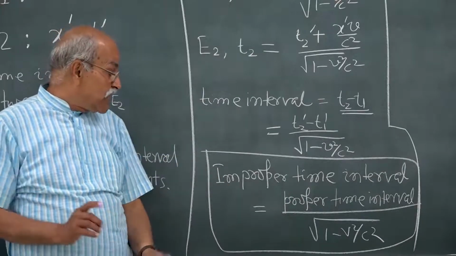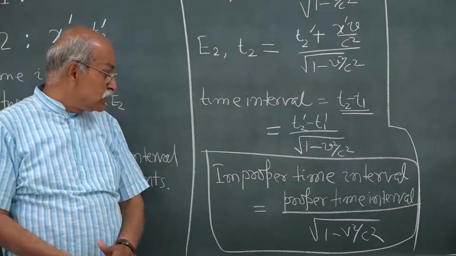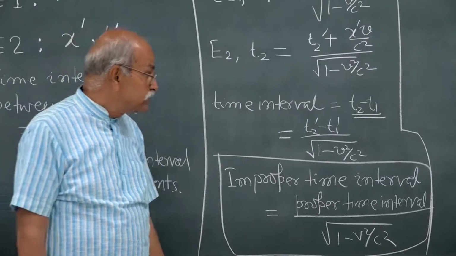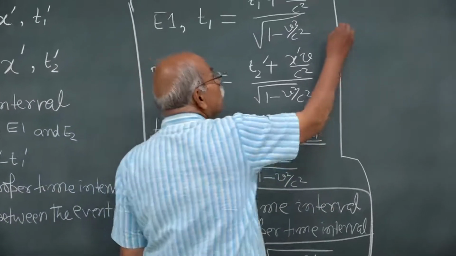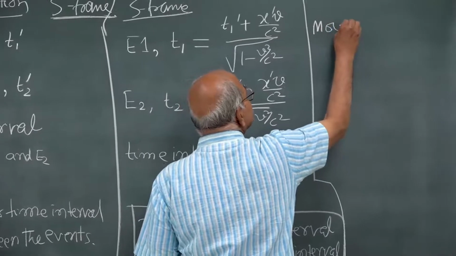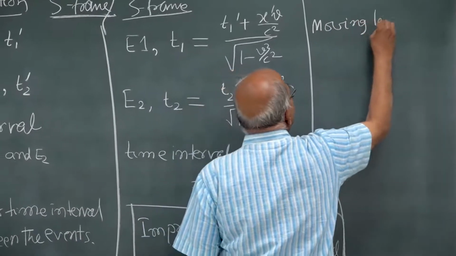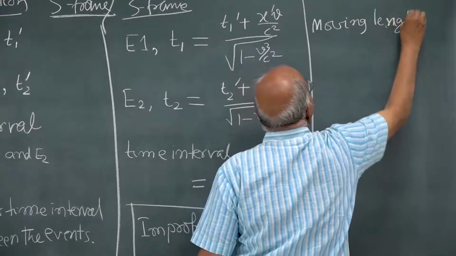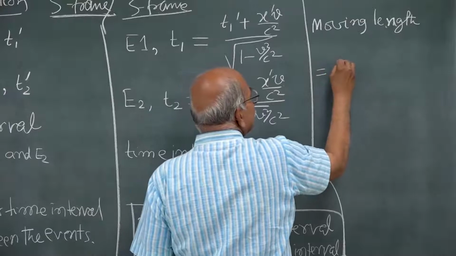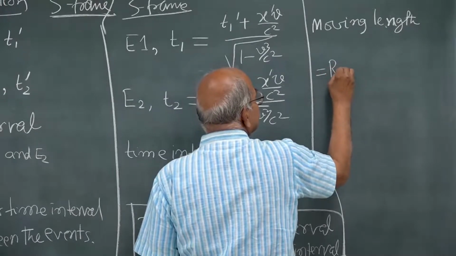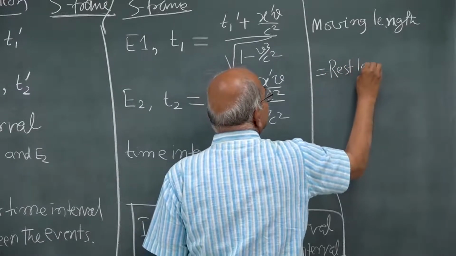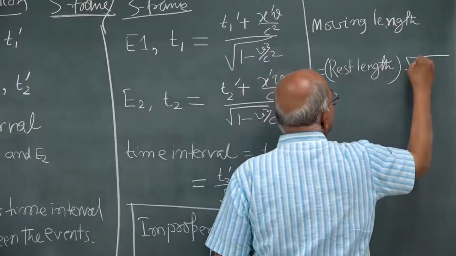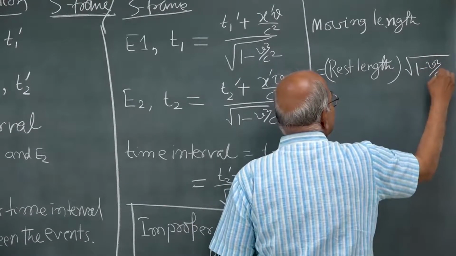So we have derived two equations, one on time interval and the other on moving length. Moving length is equal to rest length multiplied by the square root of 1 minus v square by c square.